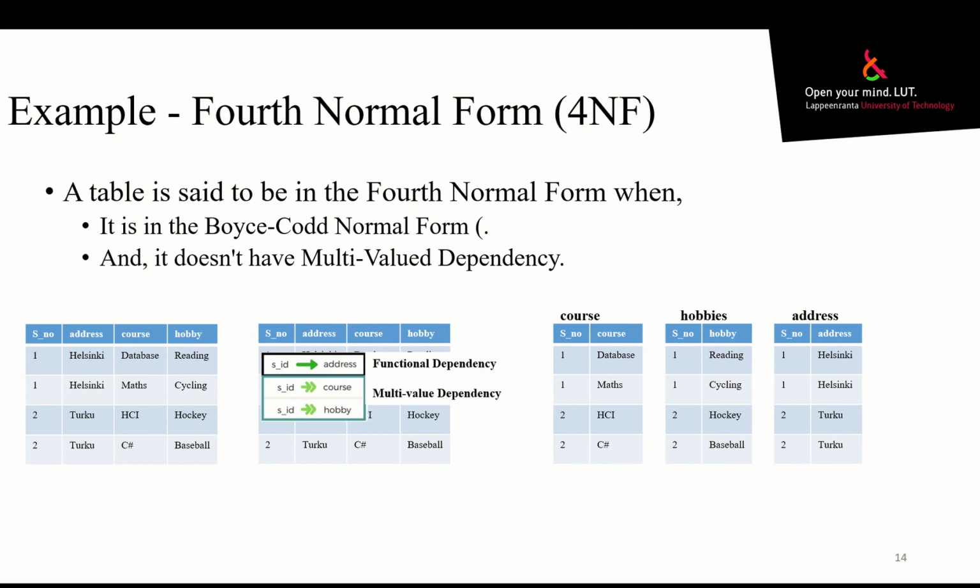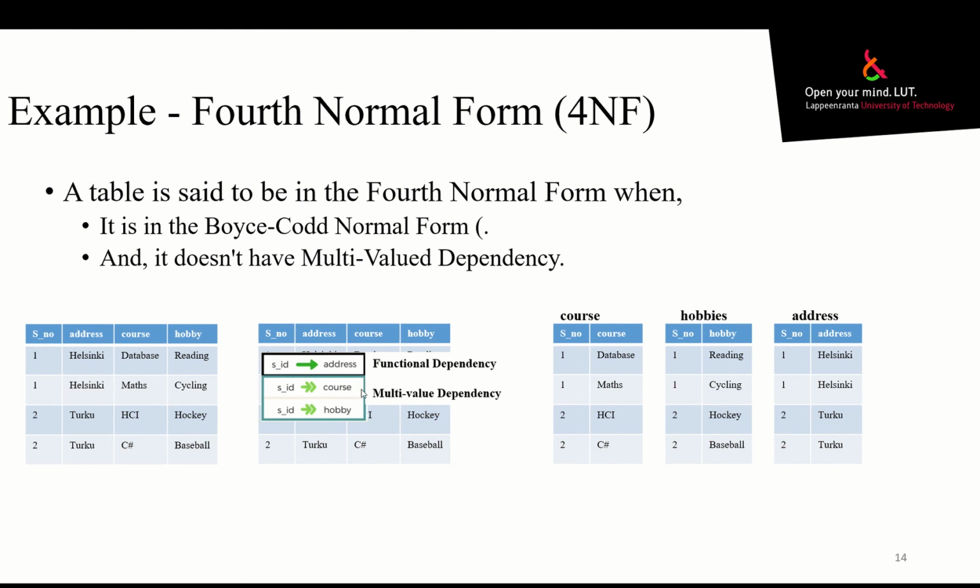But there are times where a table can also have issues where there's still functional dependency and even multi-value dependency, and that is seen here. You can see that you need the student ID to be able to identify, okay, this is student 1's address. Same thing for courses, and same thing for hobby.